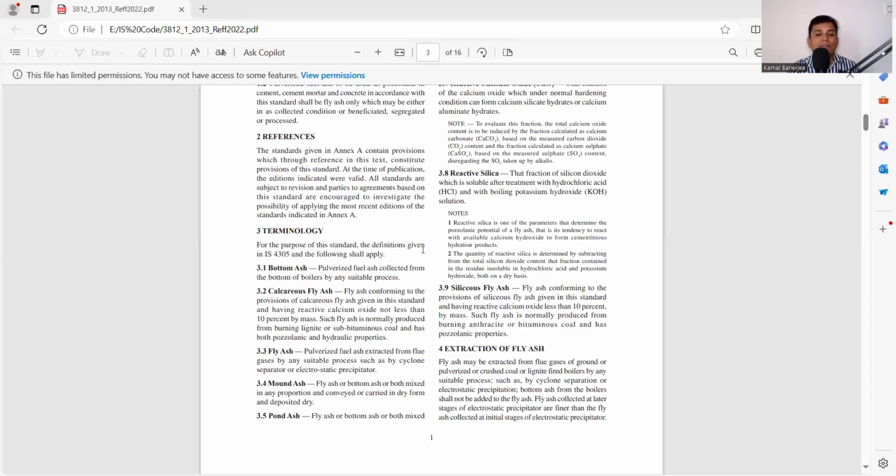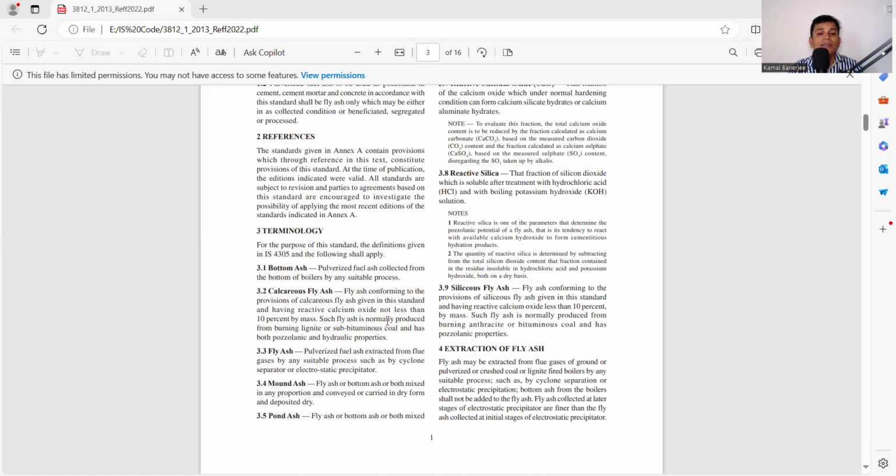Let's check what the IS code mentions. In IS 3812, it says calcareous fly ash conforming to the provision of calcareous fly ash given in the standard and having reactive calcium oxide not less than 10% by mass.